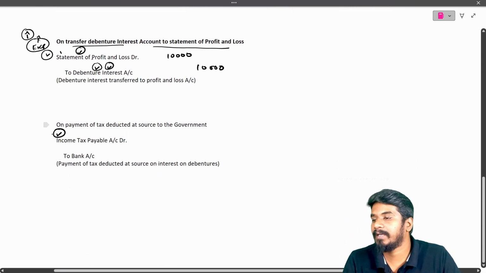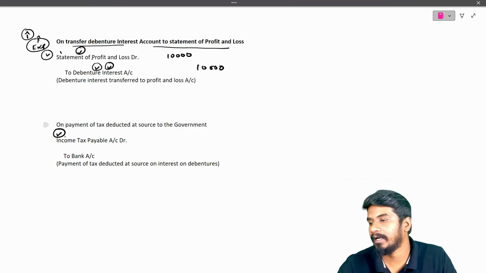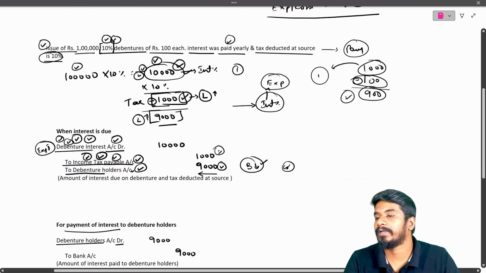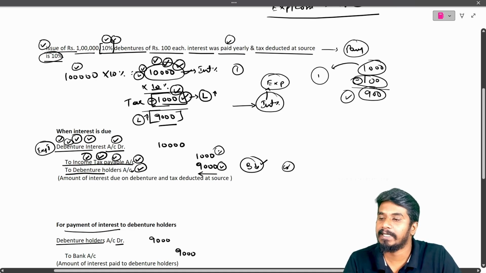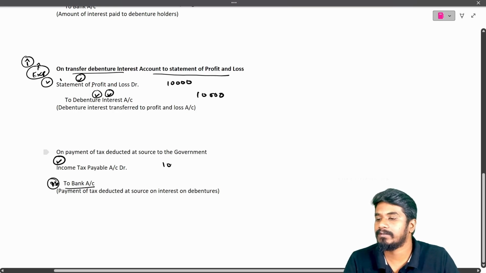So income tax payable, earlier it was credited, now it got debited. Now the asset will decrease, so we will credit the bank account. The amount is 1,000 rupees. Whatever interest we need to pay, 10% of that is the tax amount. Right. So this is 1,000 rupees.